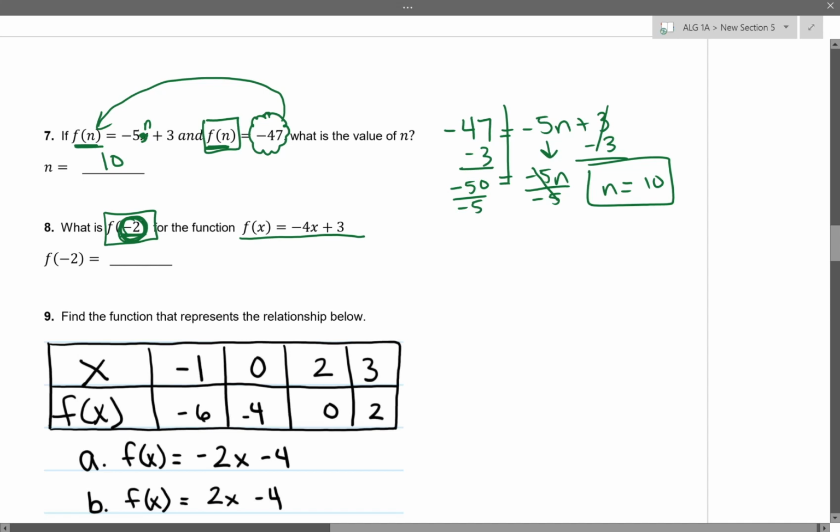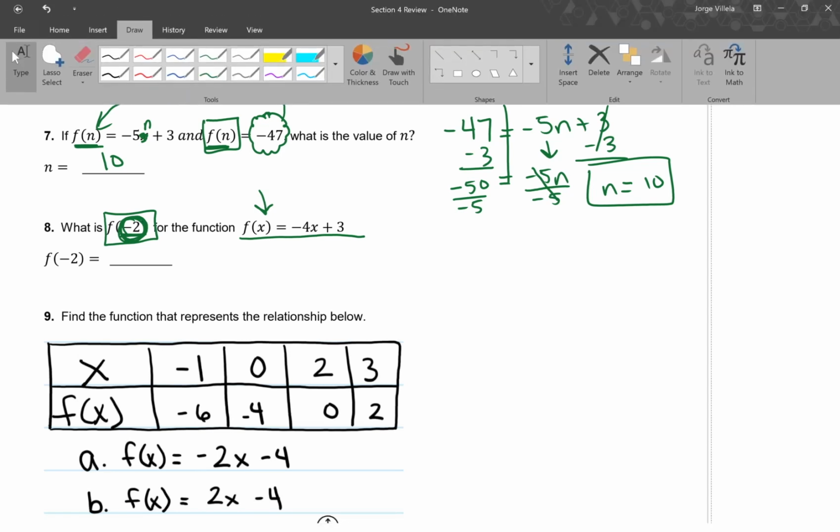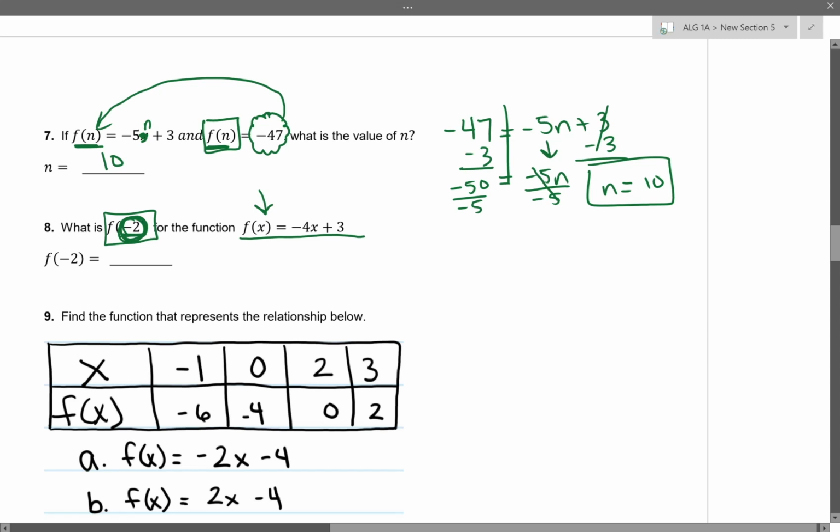What is that number replacing for this right here? Well, it's replacing the x. So let's rewrite this, but instead of x, I'm going to put negative 2. So anytime I see an x, I'm going to put negative 2.